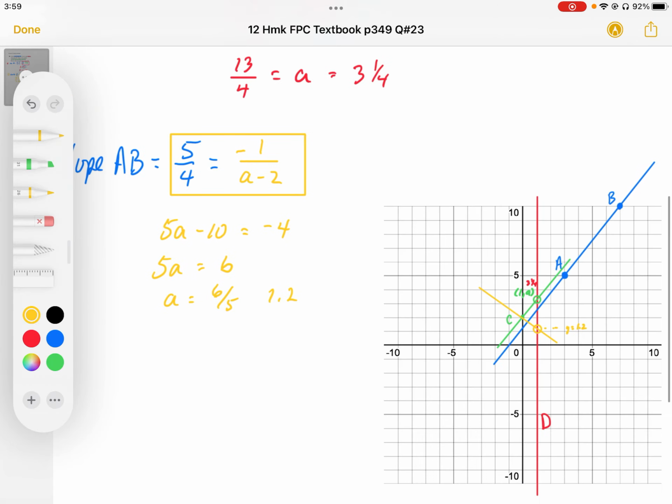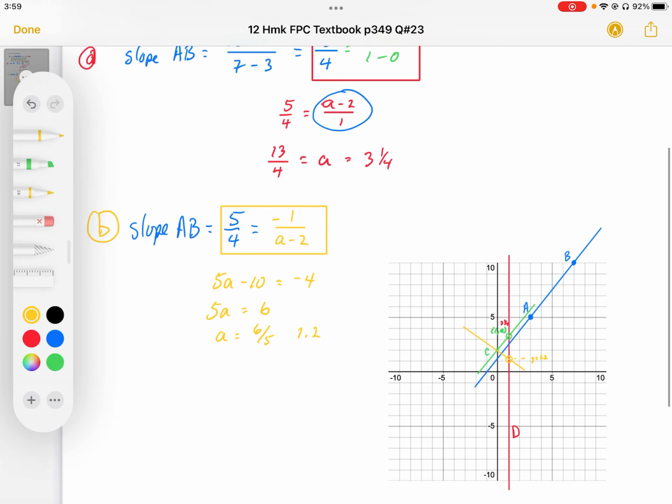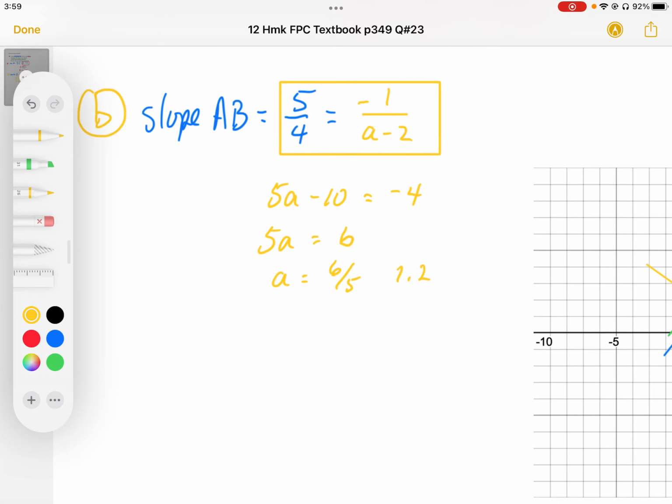So then I solve for the A value for both parallel lines and perpendicular lines. Now there's one other way I can do this with the perpendicular, and it might make it a little easier. Since we're talking about negative reciprocals, we can say that the slope of AB times the slope of CD is equal to negative 1.